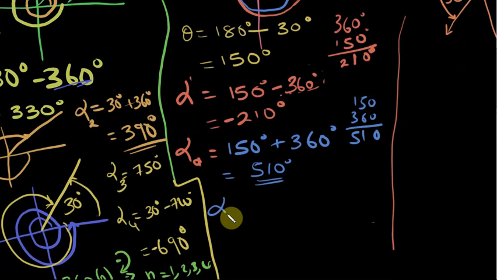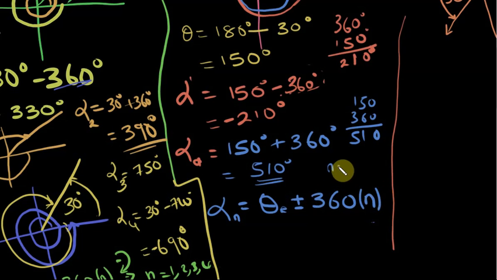This is what I'm observing: coterminal angles are equal to the reference angle plus or minus, depending on whether you want it to be counterclockwise or clockwise, 360 multiplied by n. n can be any integer: 1, 2, 3, 4, and so on.